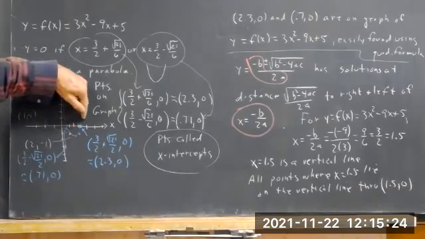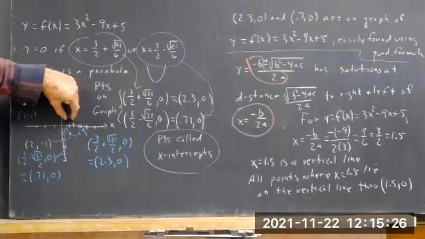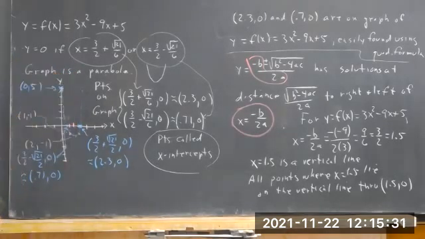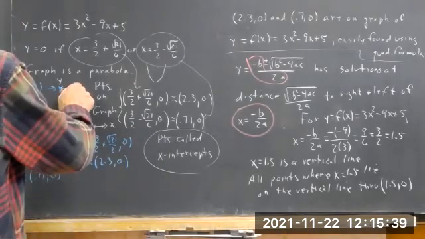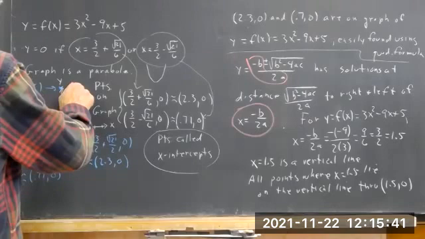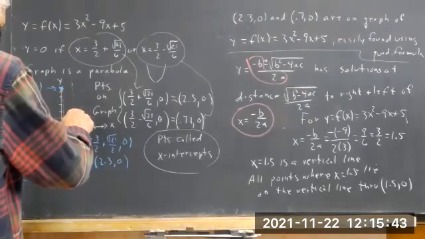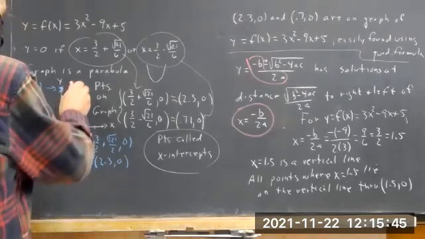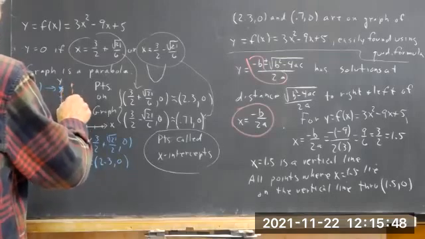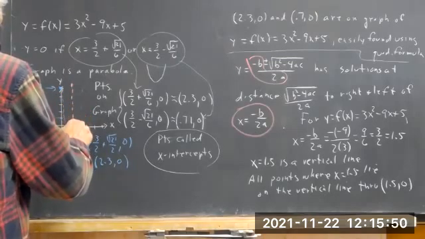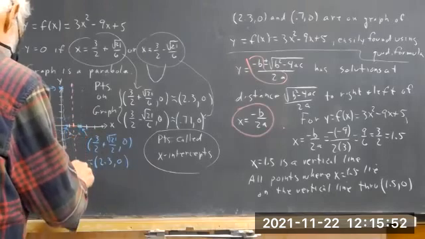This point is to the right, this point is to the left. They're at equal distances. It looks that way, doesn't it? In the vertical line through this, I might have a chance of doing this vertical line right where it ought to be.